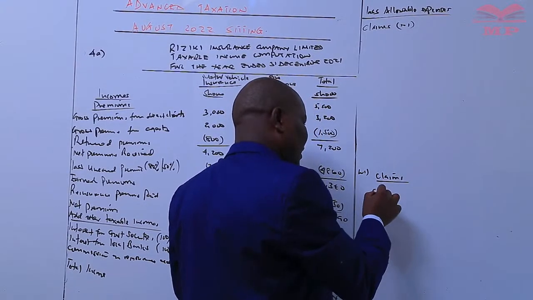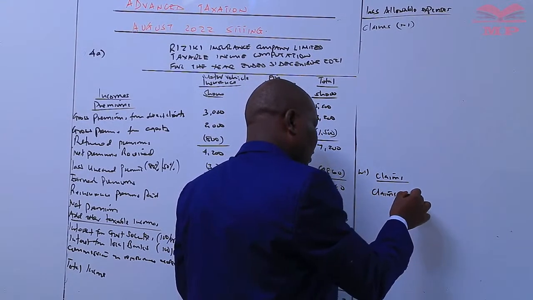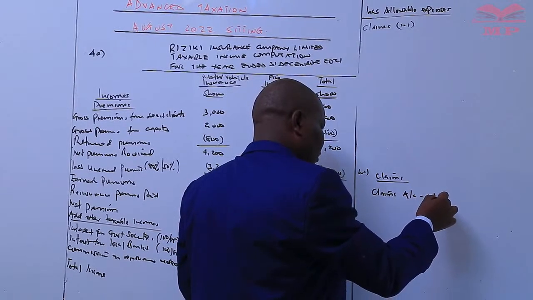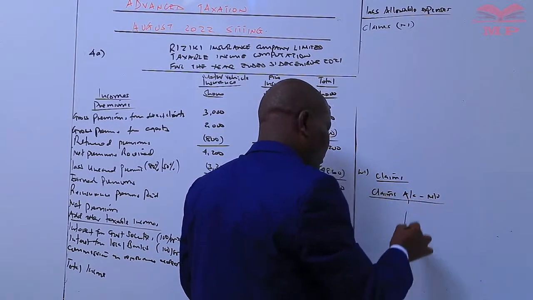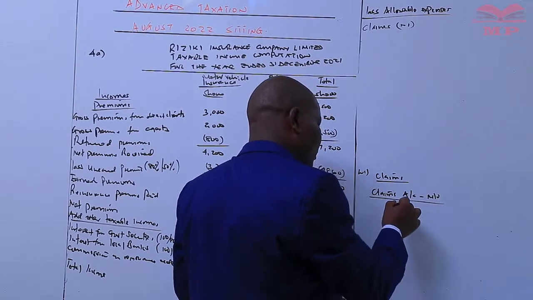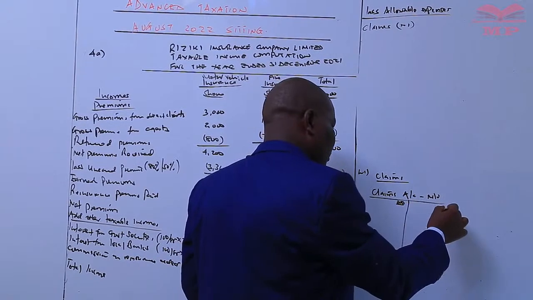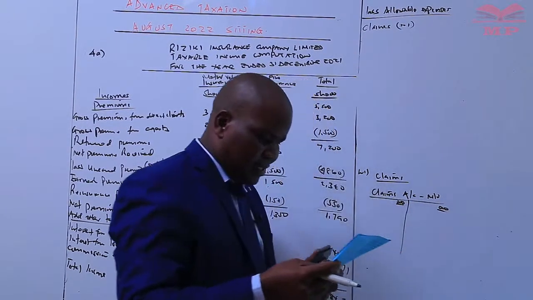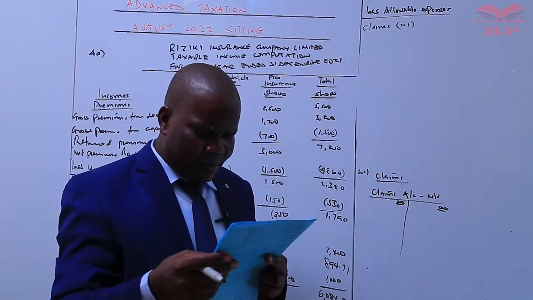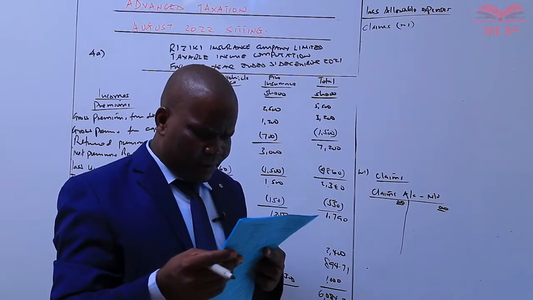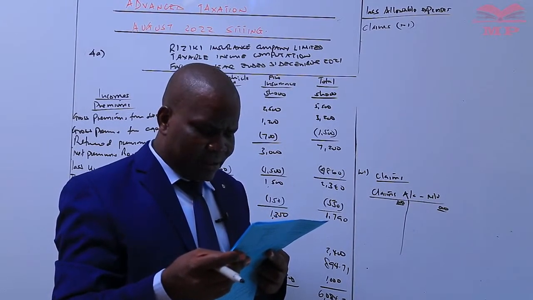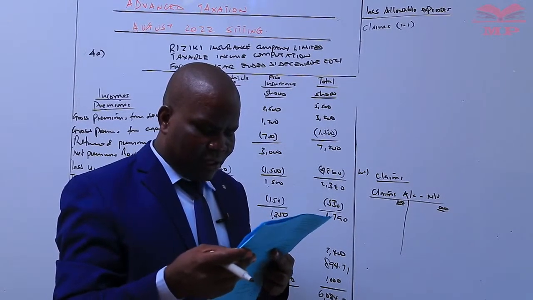So we run the claims account. We start with motor vehicle. We are carrying 3 zeros. If you look at the trial balance keenly, we have what they are calling claims outstanding as at 1st January 2021.